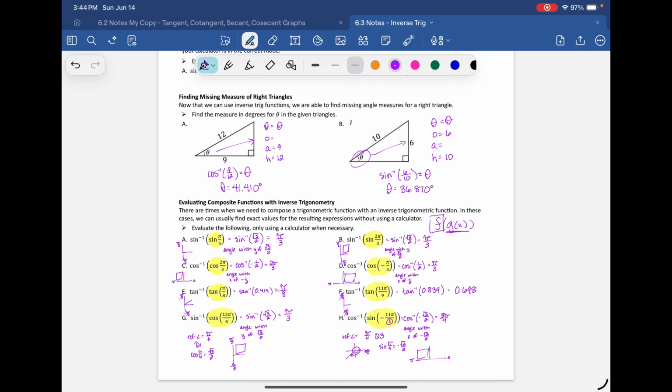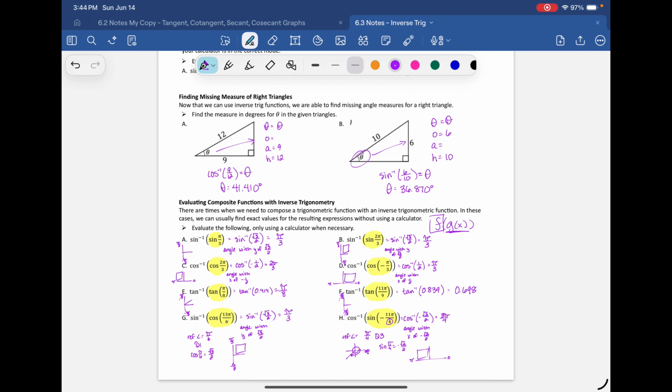Now using Pythagorean theorem to evaluate inverse cosine and composite functions. If I have inverse cosine of 4/5, remember this represents a ratio. For cosine, that is x over radius.